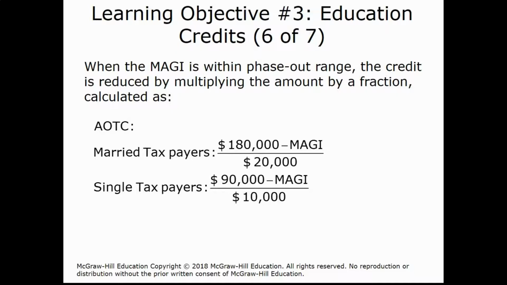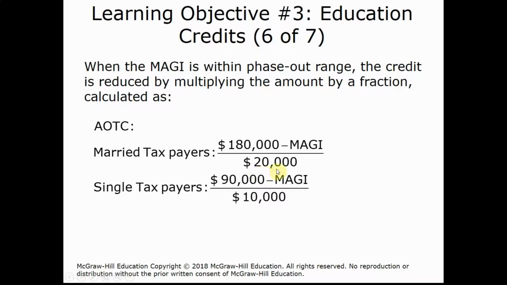When the modified adjusted gross income, or MAGI, is within the phase out range, the credit is reduced by multiplying the amount by a fraction: for married filing joint, $180,000 minus the MAGI divided by $20,000. And then for single taxpayers, it's $90,000 minus MAGI over $10,000.